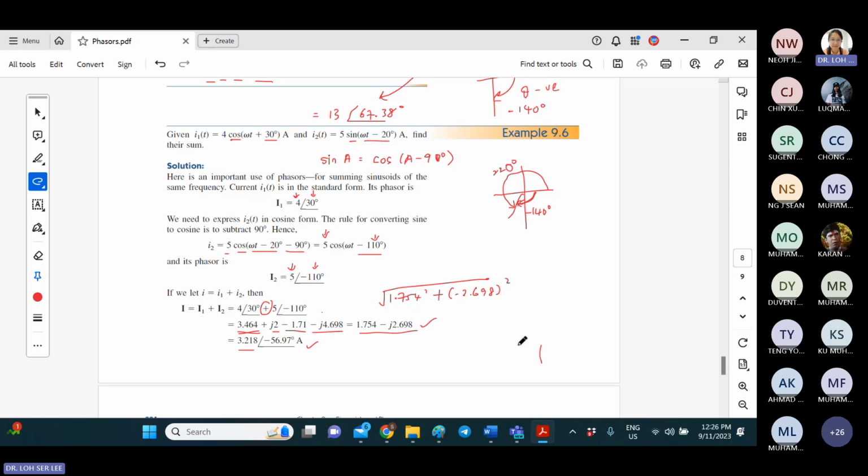This is 1 point something, negative 2 point something. That means the fourth quadrant. So your theta will be negative arctan 2.698 over 1.754. Then you will get this.